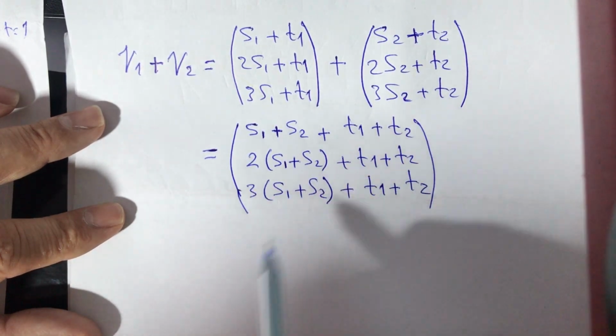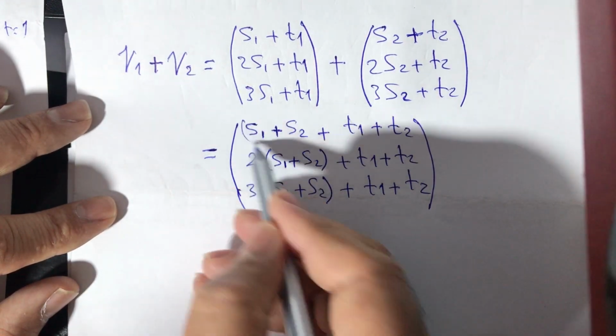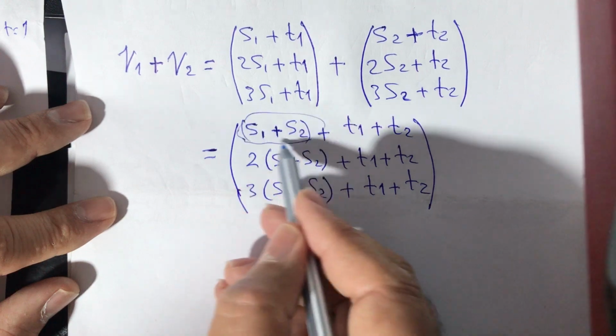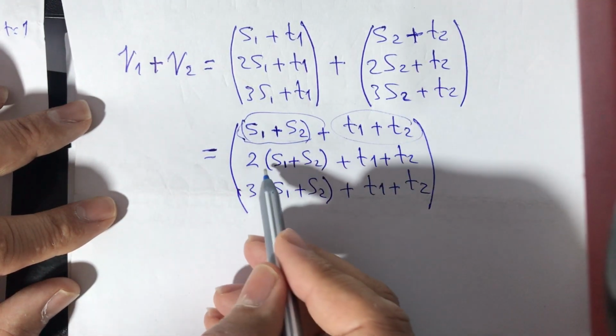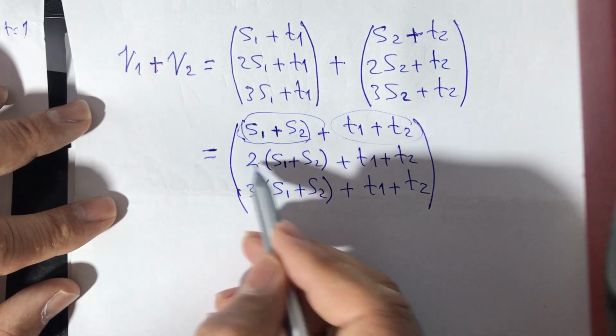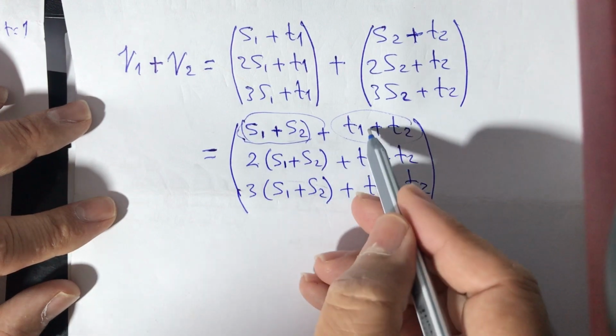And this is the result. Look, this is the first one and this is the second one: 2 of this, 2 of this, and 3 of this, and this is the same.